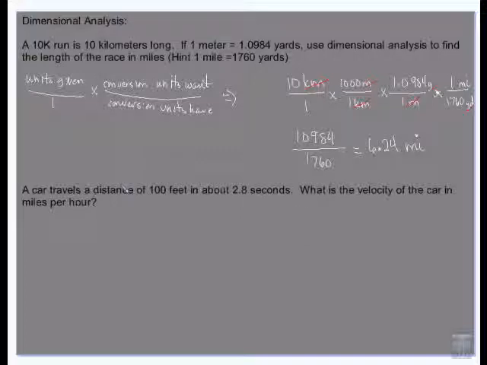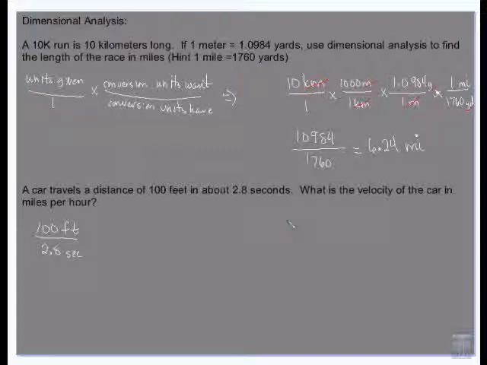Okay, so we have 100 feet in seconds. So on this one, because we're given 2 units, feet per second, it goes 100 feet over 2.8 seconds. And I'm trying to turn this into miles per hour.